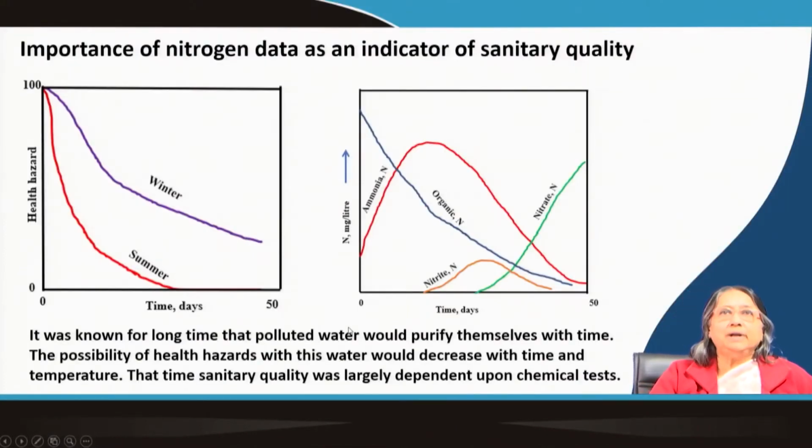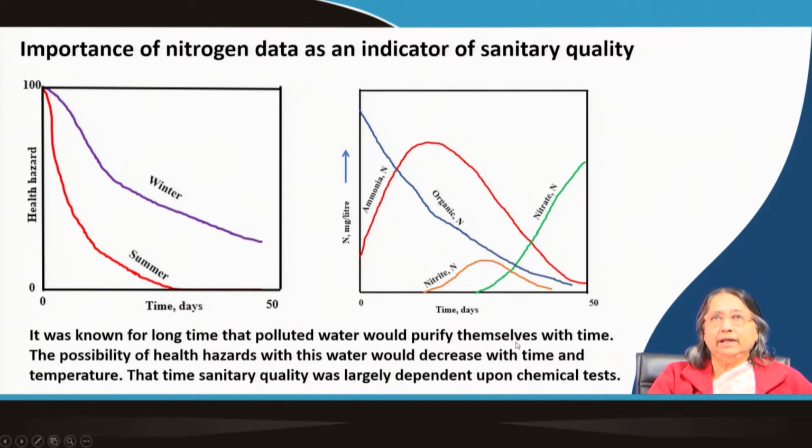So, importance of nitrogen data as an indicator of sanitary quality. This is a very important figure. It was known for a long time that polluted water would purify themselves with time.